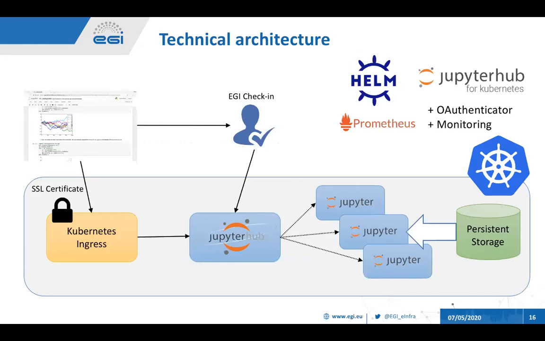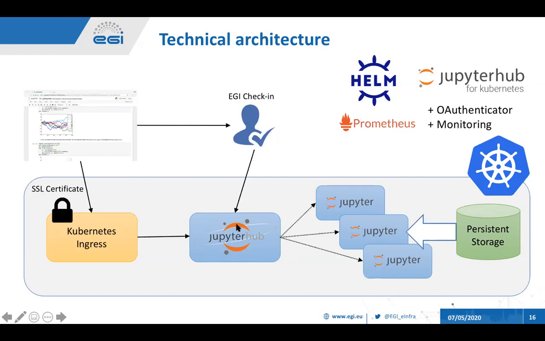This Kubernetes also allows me to get a bit into the technical architecture of how the EGI Notebooks service is set up. We are running on different EGI Cloud providers with Kubernetes, which is a cloud container orchestration framework. This Kubernetes will run the different containers with the components of the system. The main one is a JupyterHub that we have customized to talk with EGI Check-in for authentication.